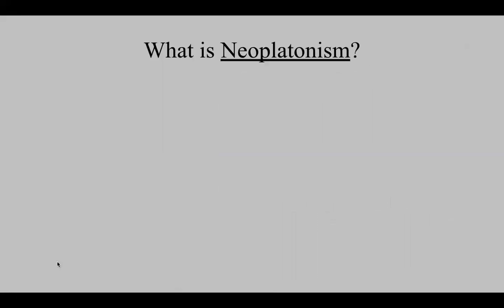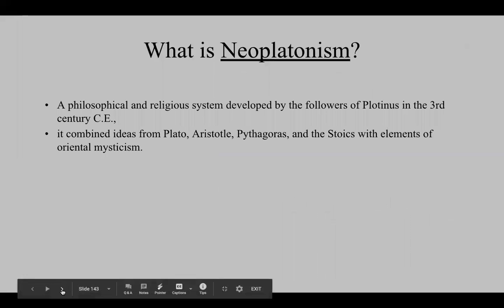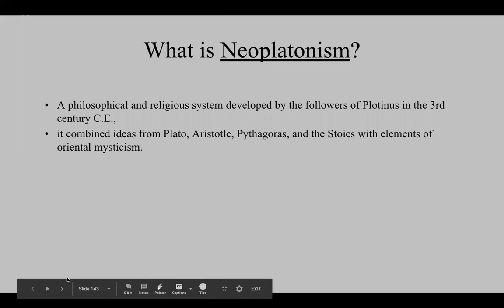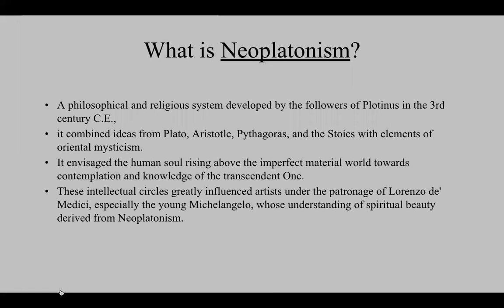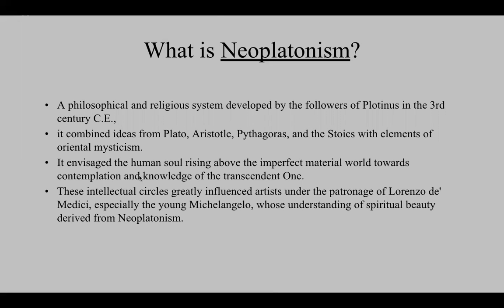Right. So Neoplatonism is a philosophy and religious system developed in the 3rd century. It's basically combining Plato, Aristotle, Pythagoras, and the Stoics with elements of Oriental mysticism. Now, I don't think you need to really worry about that. But what I want you to focus on is how the human soul rises above the imperfect world towards contemplation and knowledge of the transcendent one.